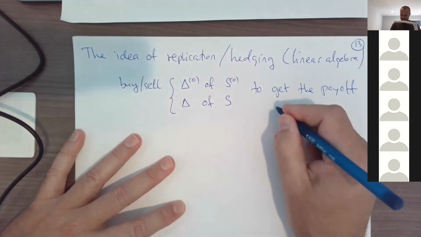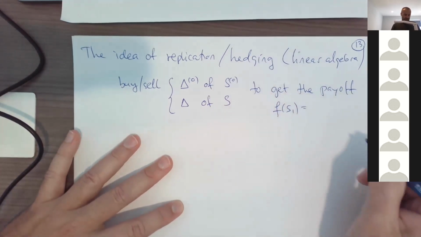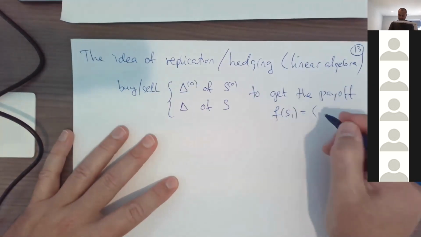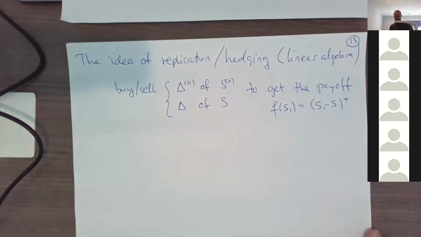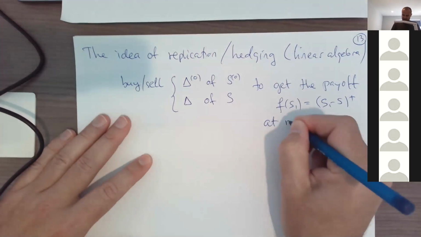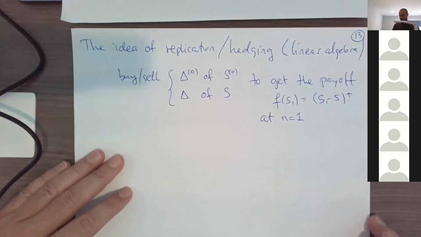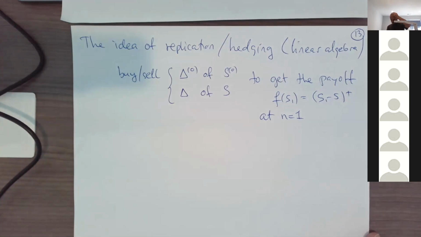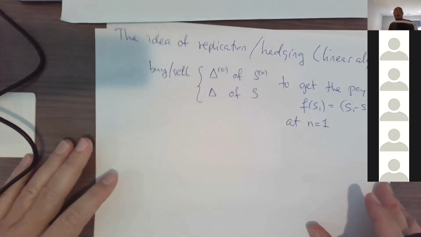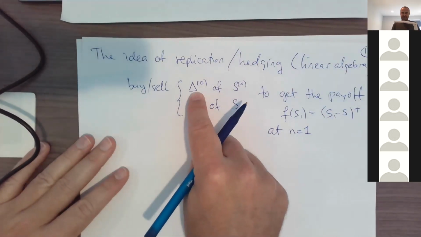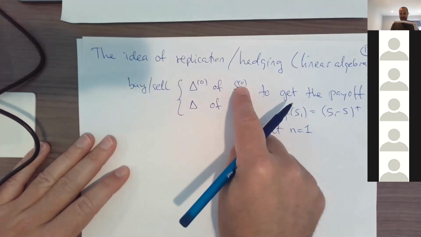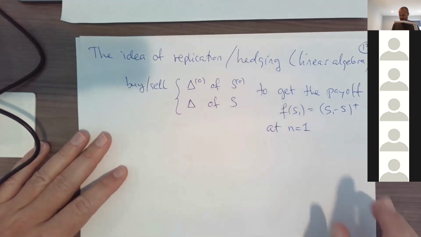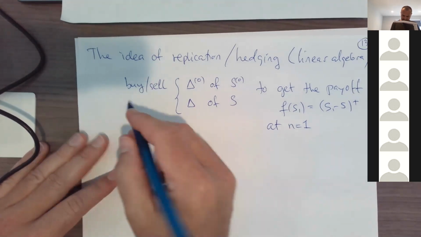And so the payoff was F of S1, which was a call, so it's S1 minus 5, to get the payoff at time 1. Okay, so we'll write out what it means. If I have that many units of the bank, then at the end, this is my portfolio.